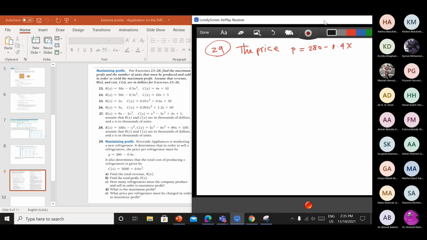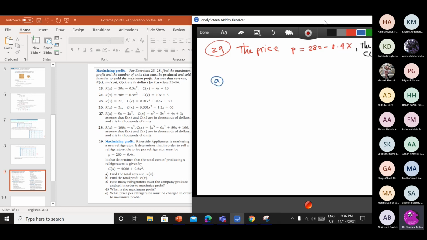Fine. And what's given? The cost. C of x equal to what? 5,000, sorry, plus 0.6 x squared. Okay, this is given. What's the question? Find the total revenue.